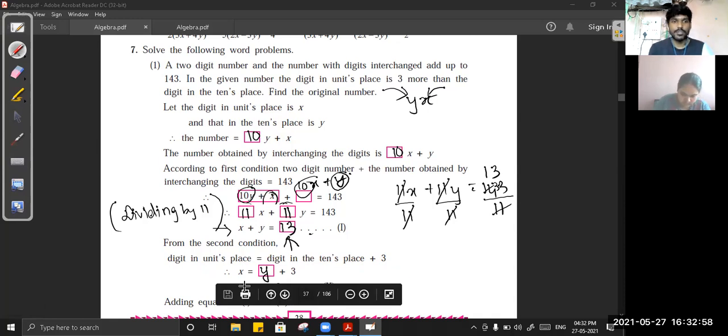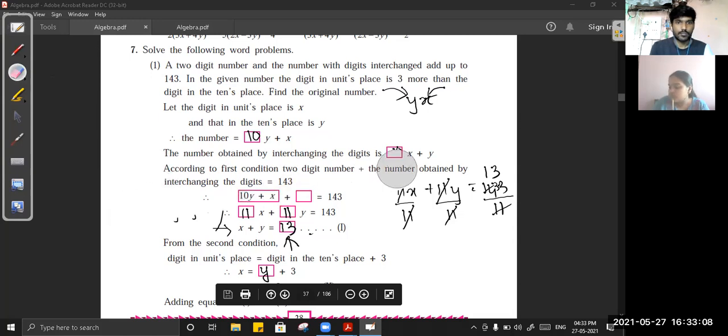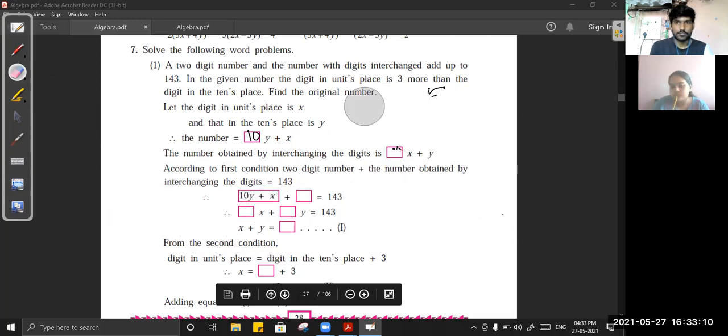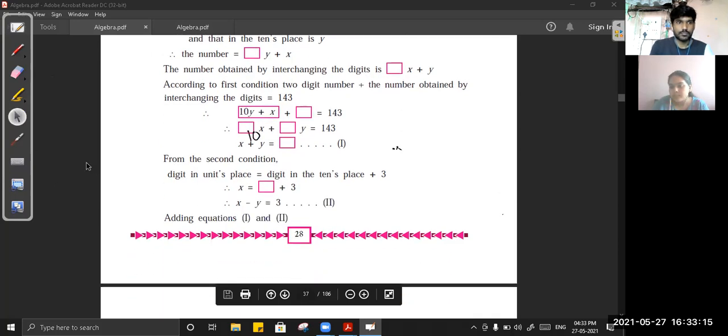And in the next step, this is just rearranged. So x minus y is equal to 3. So this was your first equation, and this was your second equation.